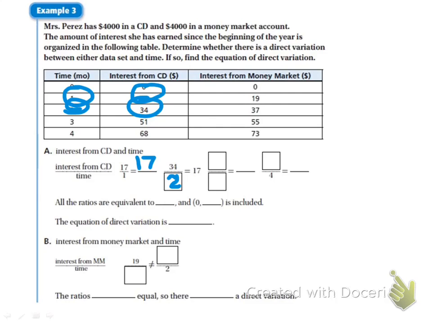That was our second number. Third number, 51 divided by 3. Well, 51 divided by 3 is 17. And our last number, 68. 68 divided by 4 is 17. So all the ratios are equivalent to 17, and 0, 0 is included. So the equation is y equals 17 times x.